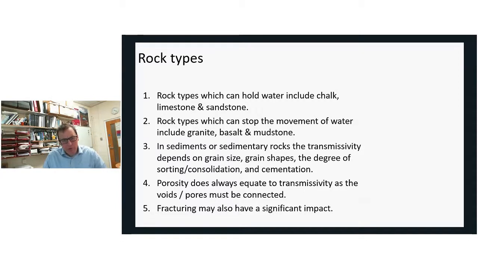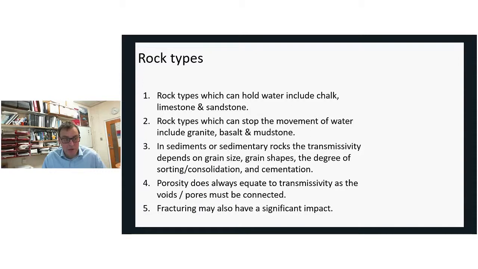So the rock formations which the water flows through or is confined by are quite important. Rock types which can hold water quite easily are chalk, limestone, sandstone. Limestone and chalks are a great source of groundwater supplies in the south of England. Rock types which can stop the movement of water if they're not fractured are granite, basalt, mudstone.